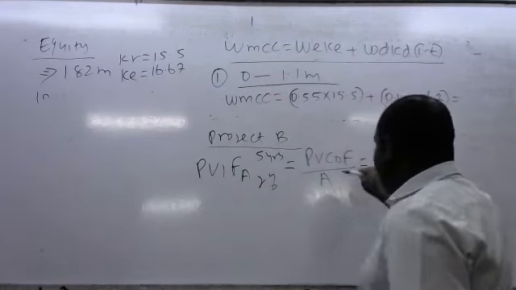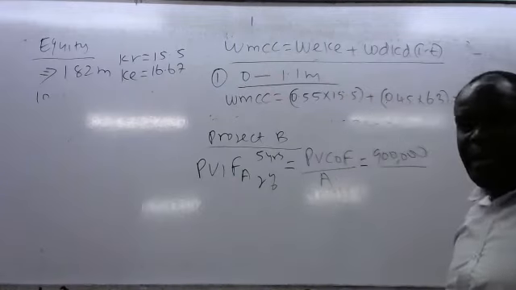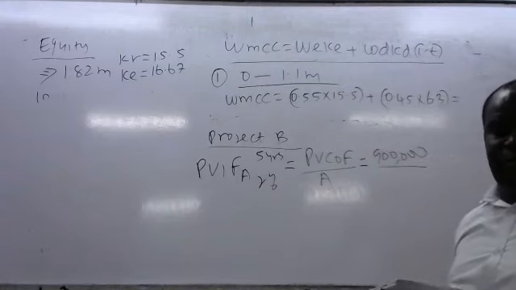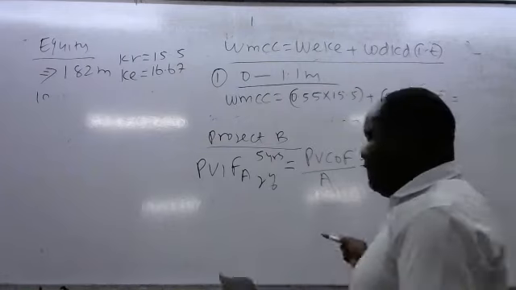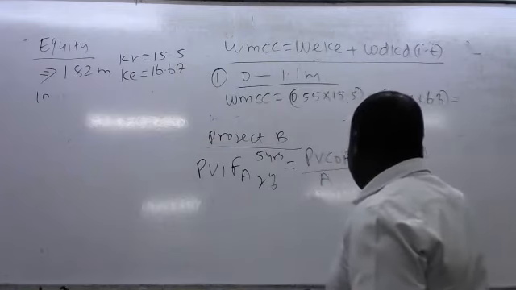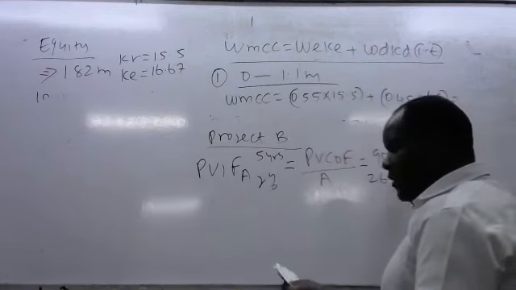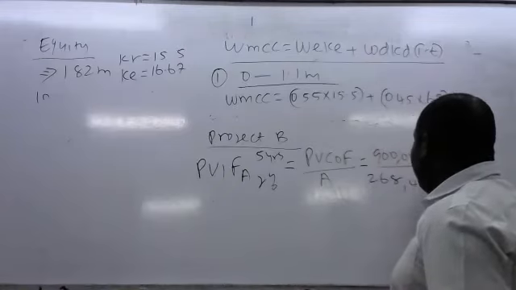Then the annuity is the annual cash inflows. Are you able to see the annual net cash flow for project B? We have been given 268,484.